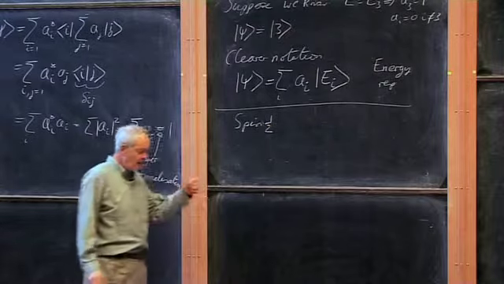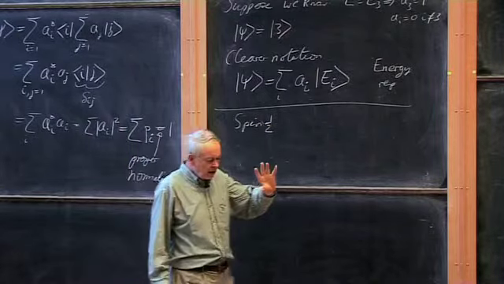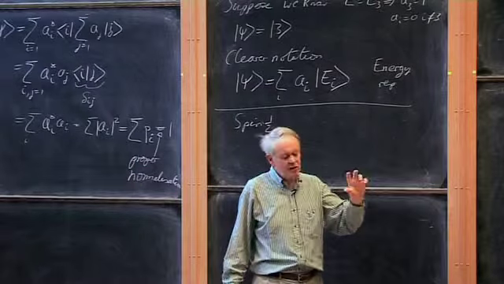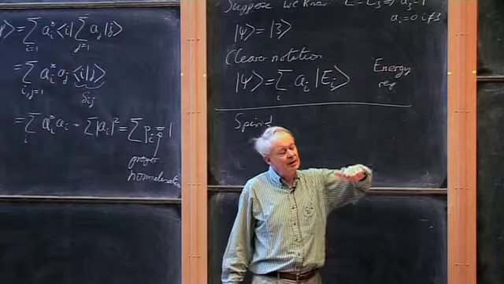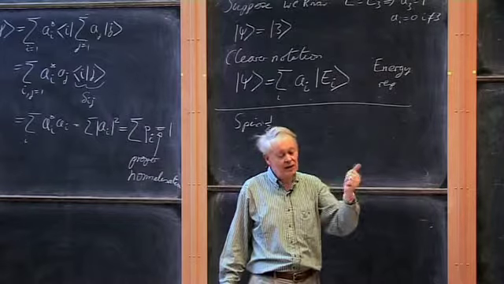So I said that elementary particles are these tiny gyros, that the rate at which they spin never changes, but the direction in which the spin is oriented does change.